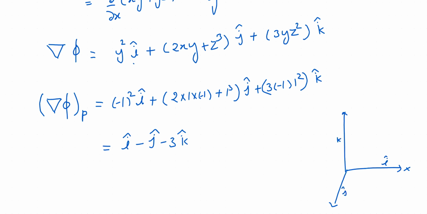Like we measure a vector in terms of unit vectors. I means we have one unit along the x-axis, and minus j means the negative direction, and 3 units in the opposite direction of k. Are you getting me?